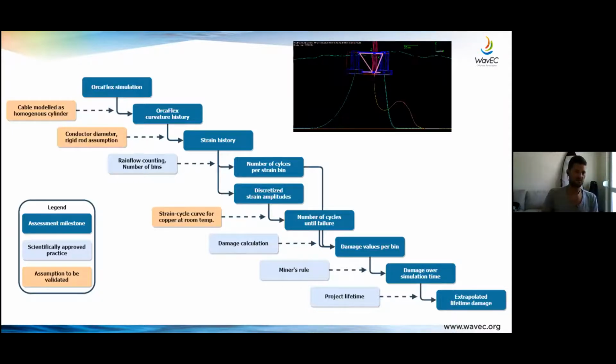And this would have been the point where I would have liked to share with you results from our cable bend tests, because from Marinet 2 we got the grant for cable bend tests together with Catapult in the HV labs.